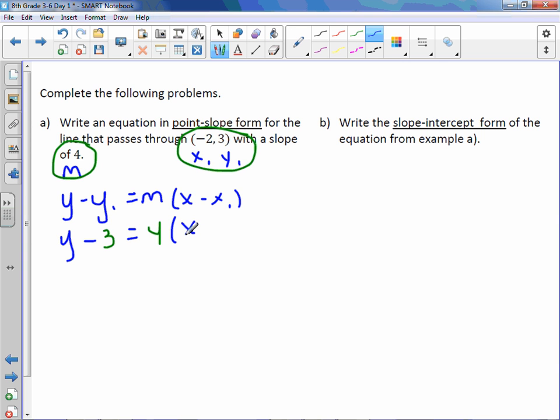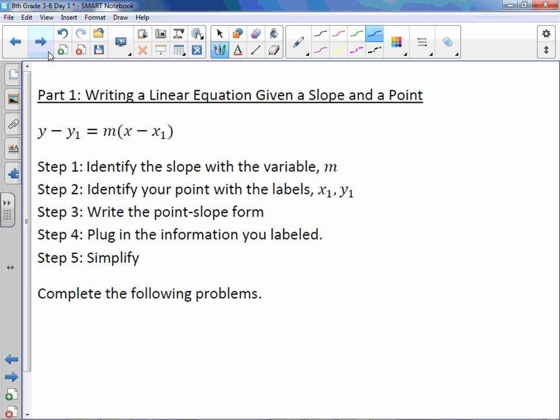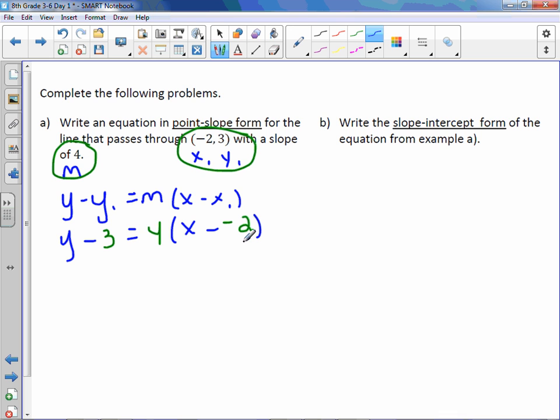Put your x minus, and your x1 is -2. So all I did is I wrote our formula, which is given to you here, and I plugged in the three numbers we were given. You will still have a y, you will still have an x, and that's okay.